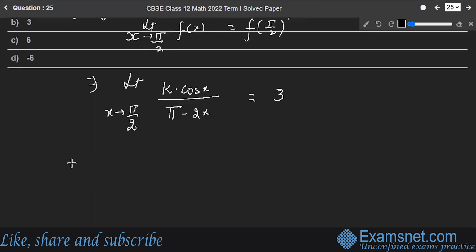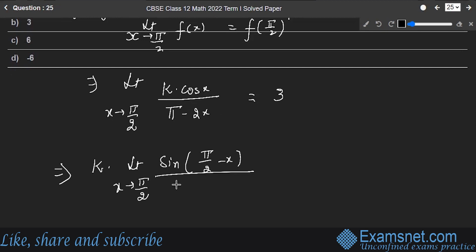Okay. So now this can be written as, I'll take the k outside, limit x approaching pi by 2. I'll convert the cos into sine. So this is sine of pi by 2 minus x, whole divided by, I'll write 2 over here, pi by 2 minus x. This is equal to 3, right?